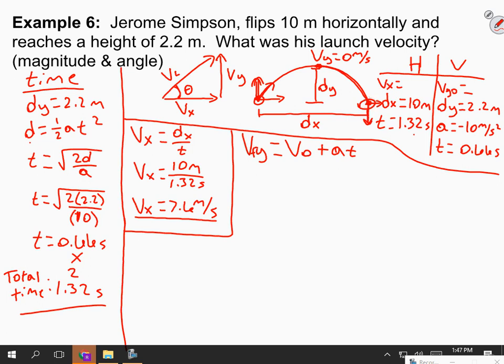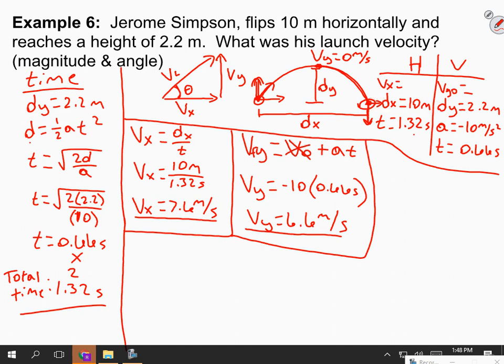So I'm just going to solve it like this to make the math easier. Because this goes to 0, Vy is just negative 10 multiplied by the time on the y side. So this is just half the time, because we only care about the time to get down. And of course, this is 6.6 meters per second. So there's your Vy. You put both of these in, so 7.6 meters per second and 6.6 meters per second.